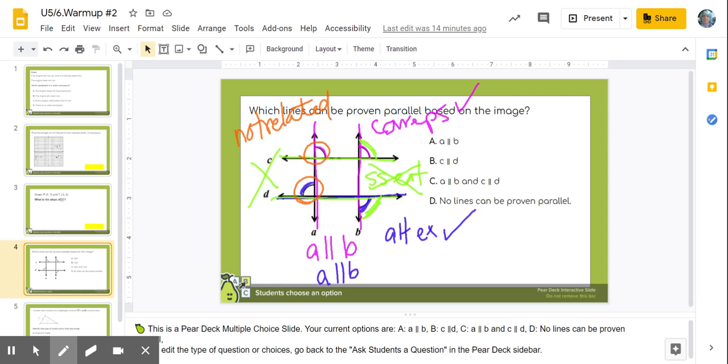The green angles were same side exterior. They should be marked supplementary. They're marked congruent, so those lines are not parallel, C and D. It doesn't matter what this picture looks like. You've got to prove it to yourself. Okay, same thing in those pink slides that we were doing last night in class, and hopefully everybody did for homework.